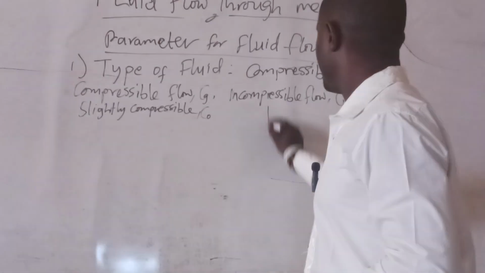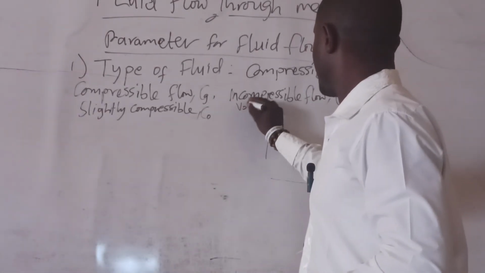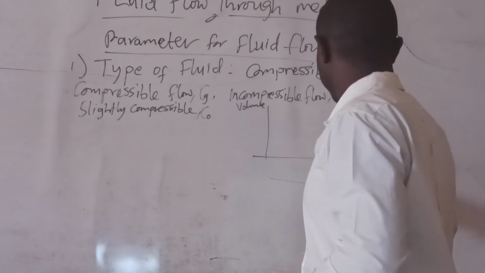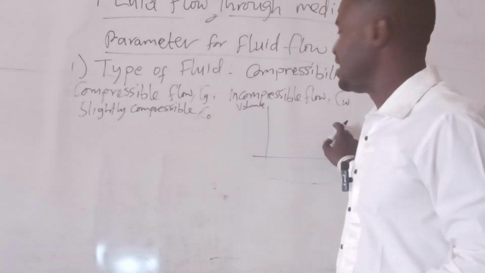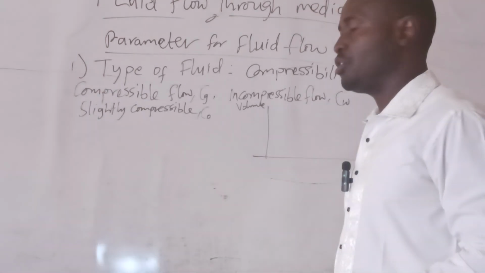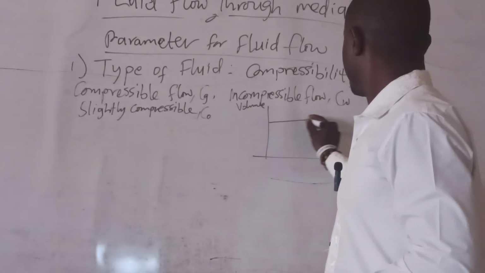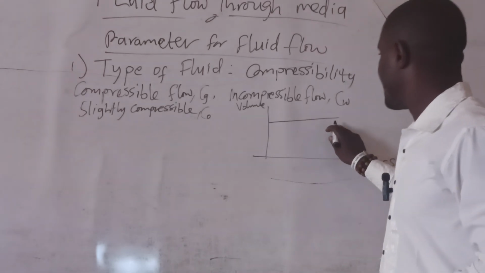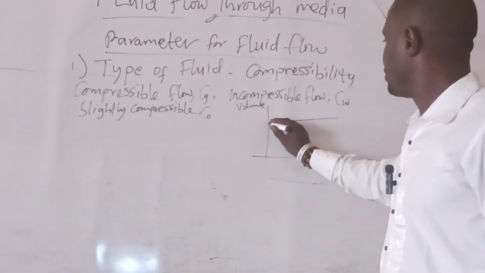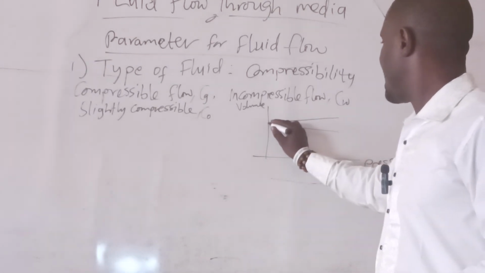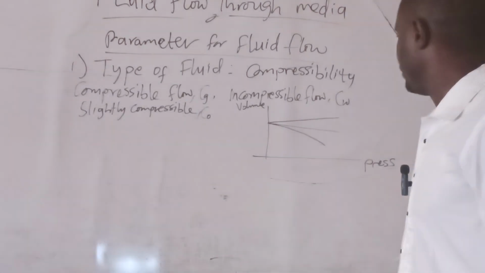So using volume against pressure on this axis, at various volumes we'll have this as our incompressible, our slightly compressible, and our compressible fluids.